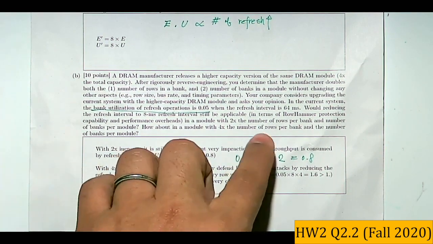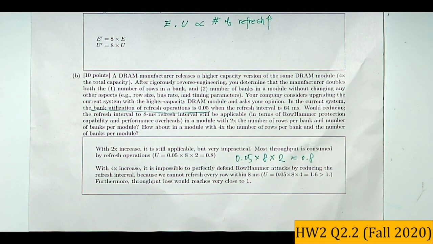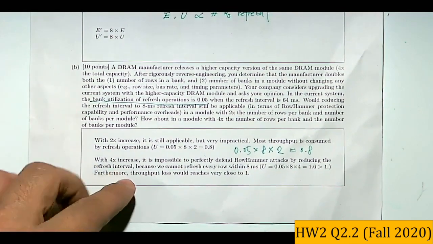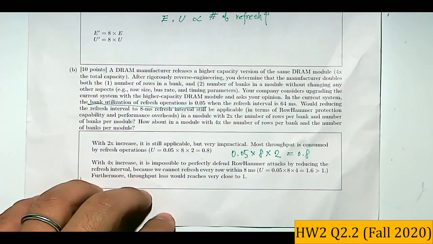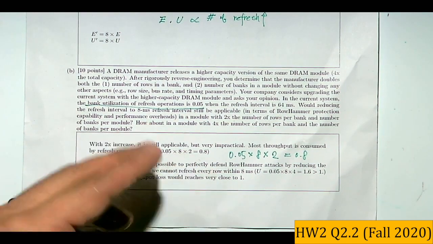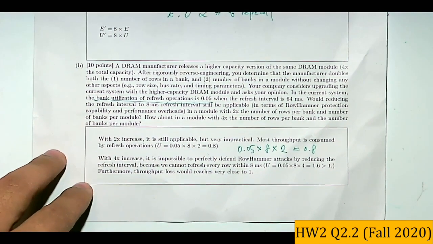In terms of RowHammer protection, because we can refresh every row within every 8 milliseconds, we can protect against RowHammer attacks. But it is quite impractical because most of the bank utilization is consumed by the refresh.